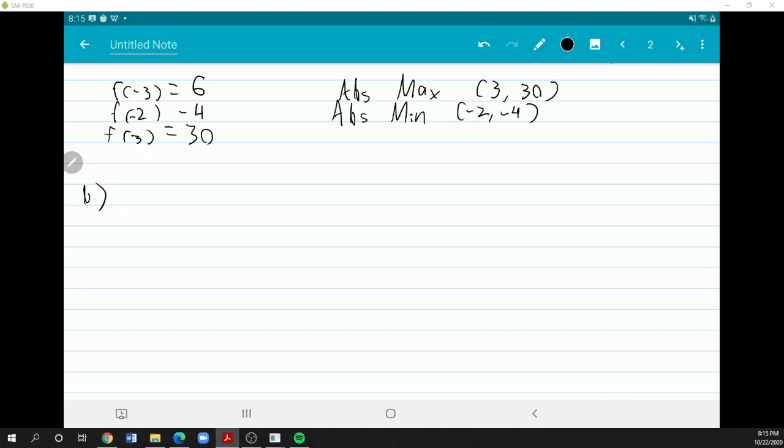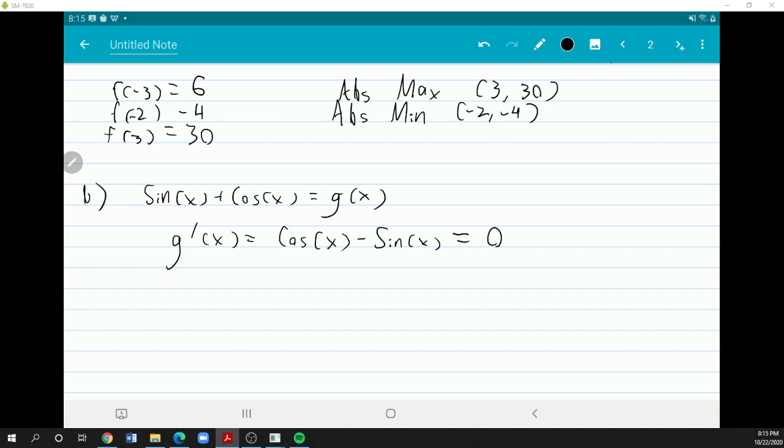B, we have sine of x plus cosine of x. I'm going to call this function g of x, name it something different. So then g prime of x is cosine of x minus sine of x.